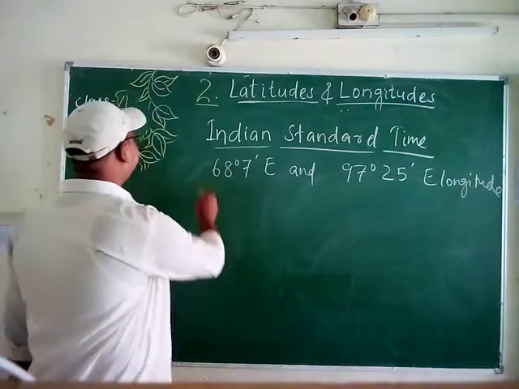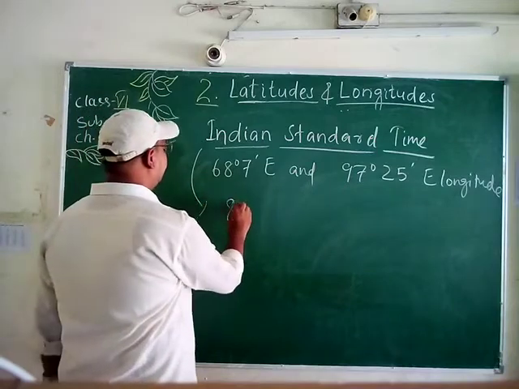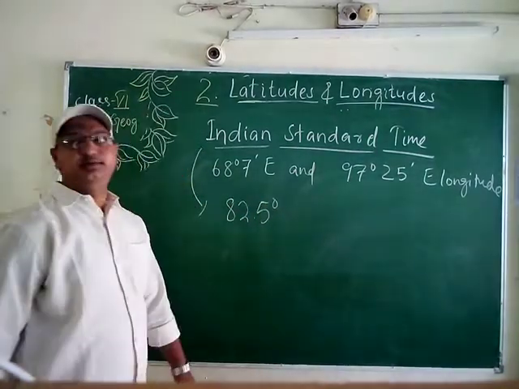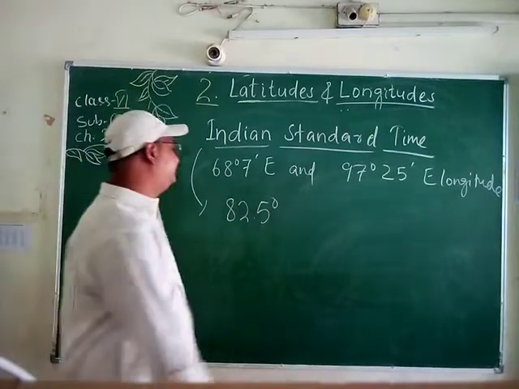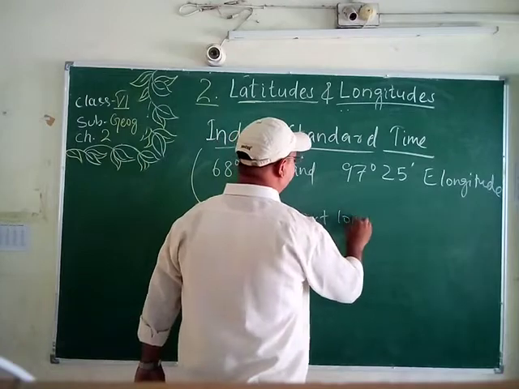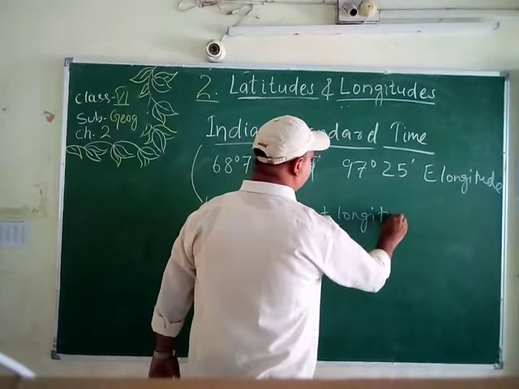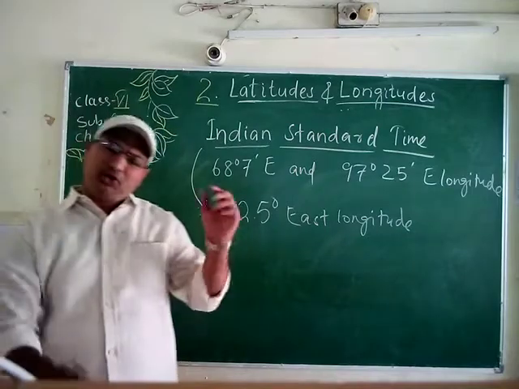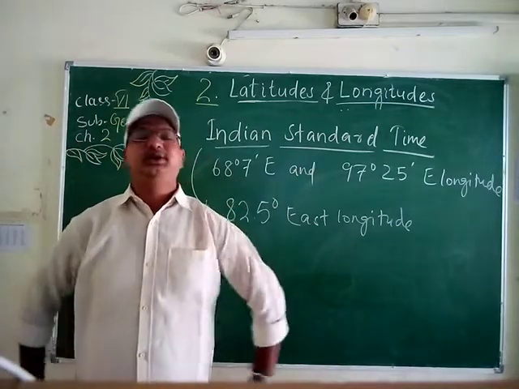Students, the IST here is 82.5 degrees east longitude. Friends, this almost passes through the center of the country.